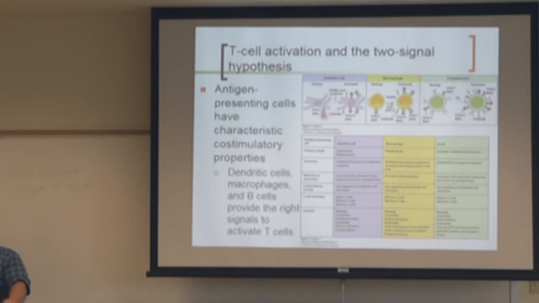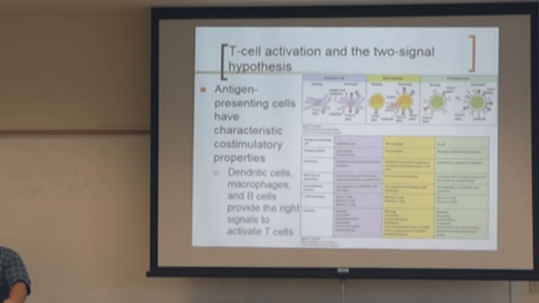Our dendritic cells, once they see signals, will upregulate more MHC class 2. This shows co-stimulatory molecules. Even though they're constitutively expressed, they're upregulated, so they'll express more and more of them.